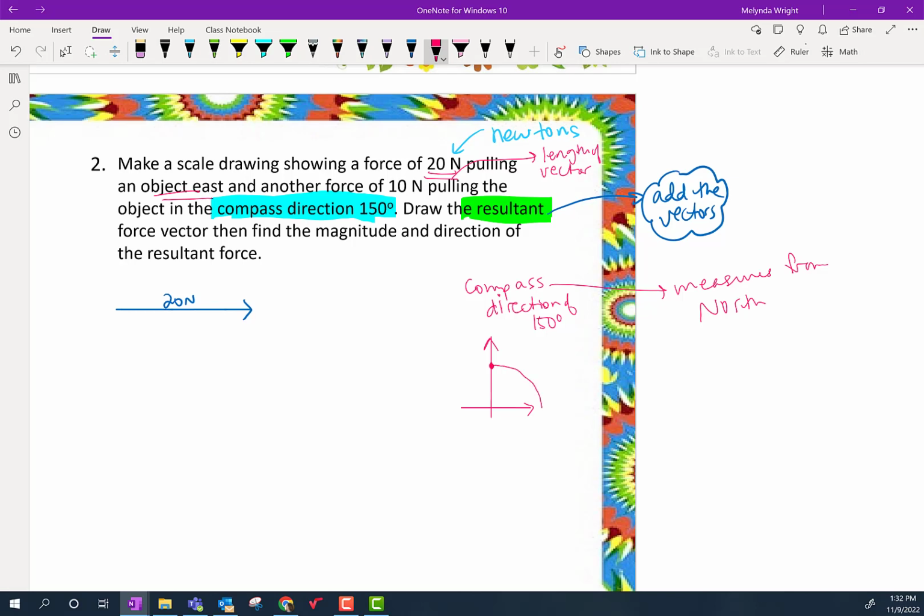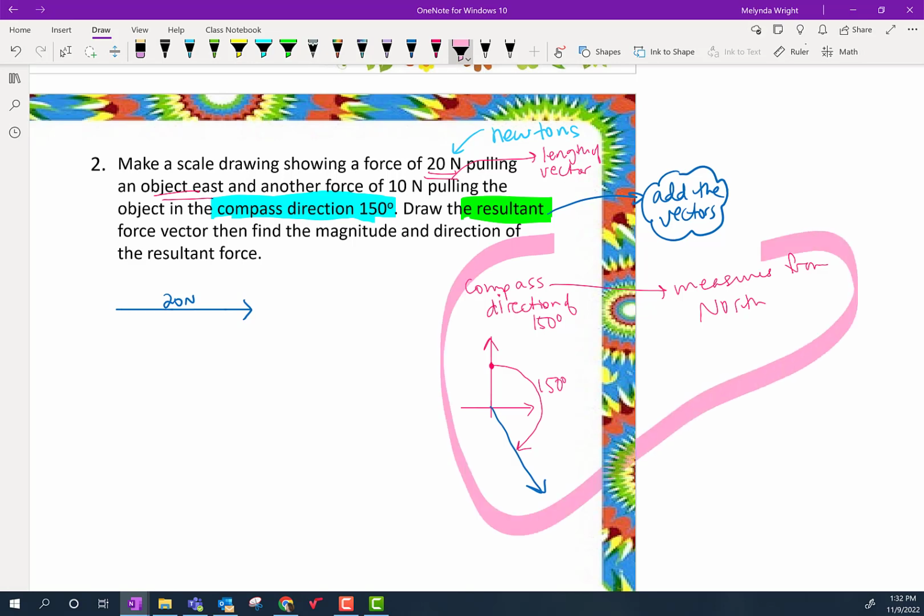That would give me 90 degrees. 150 would be down here somewhere, right? That's where 150 would be. And our vector would look like this. That would be a compass bearing of 150 degrees. This is explaining compass direction. So we measure from the north line, we rotate the 150 degrees, so past 90, not all the way to 180, so 150, and we draw our vector.